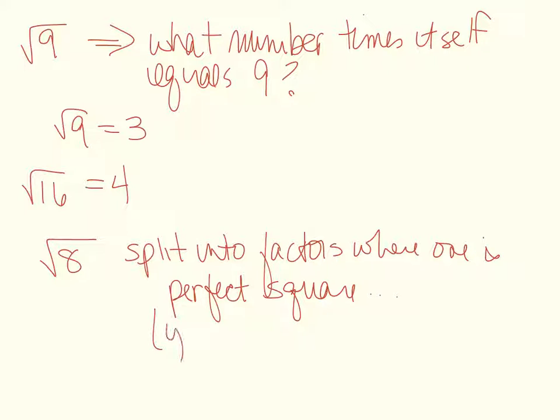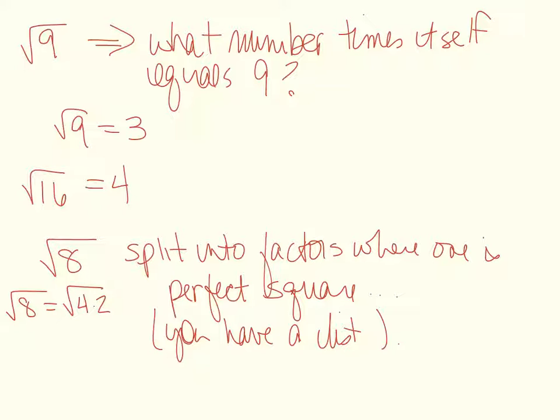You guys have a list. If you need another list, you have to ask me for it. So we have the square root of 8. The square root of 8 splits into 4 times 2. 4 is a perfect square, and 4 is the biggest perfect square that goes into 8.